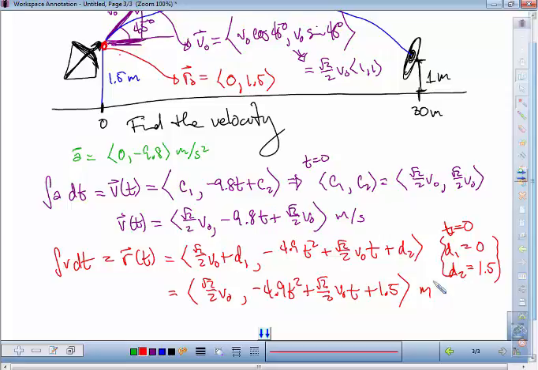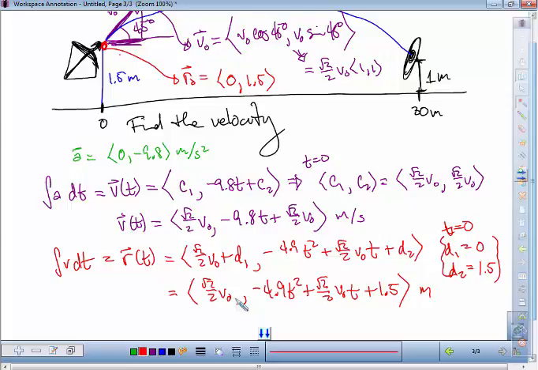When integrating from the velocity vector to the position vector in the x direction, how come there's no t on the root 2 over 2 v naught? Where you go adding the d, yeah. Oh, because we got this to be 0. Okay. Anything else? Are we doing this correctly so far?